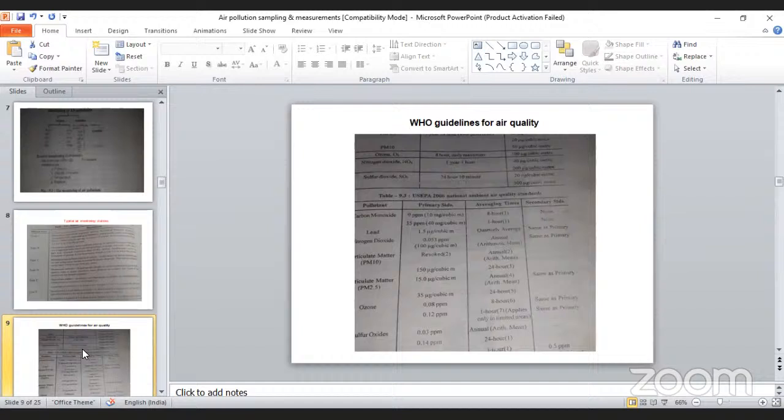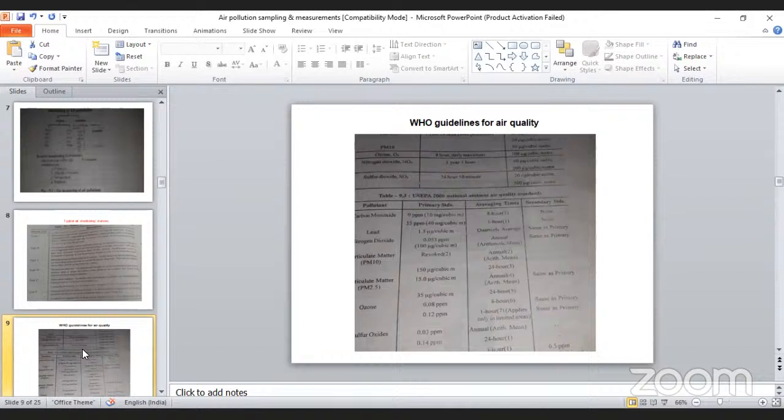The sampling must be represented in terms of time. I told you at what time we have collected, and what location, and what condition to be studied. That means what the time means, from morning 6 to evening 6, or we can say 24 hours. And the location means exactly where the place, because there are different types of place.